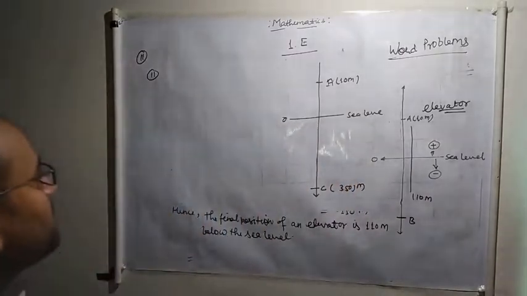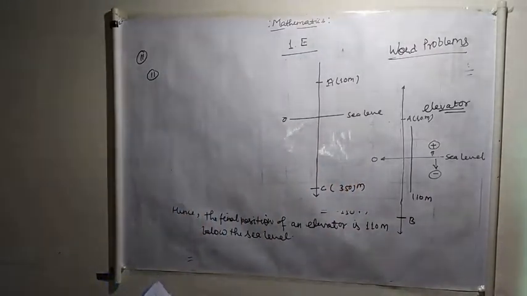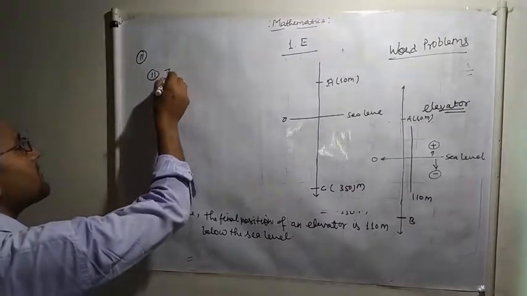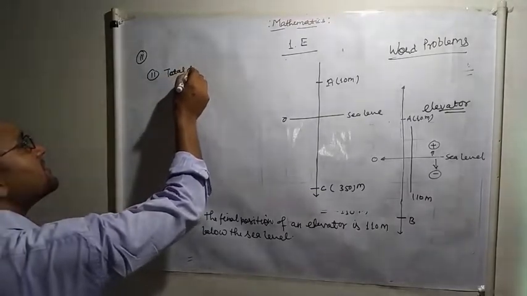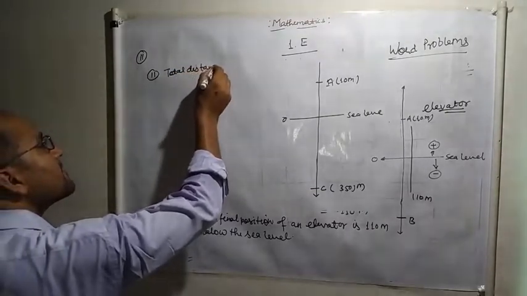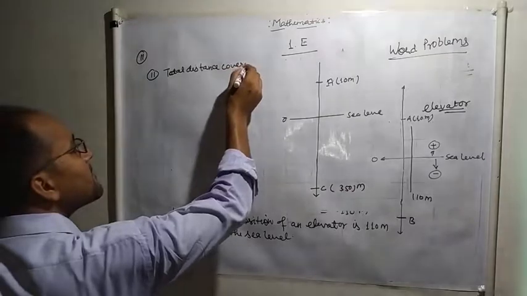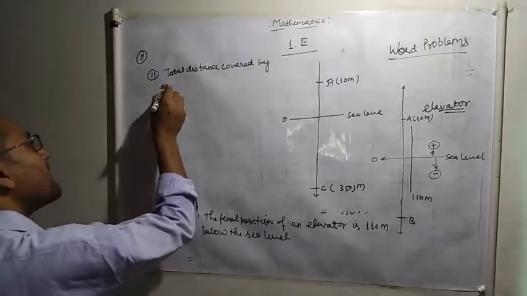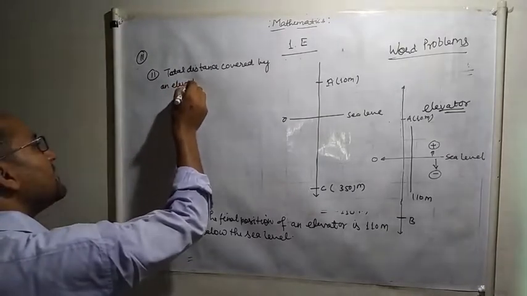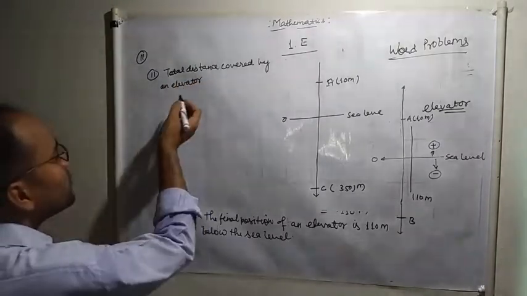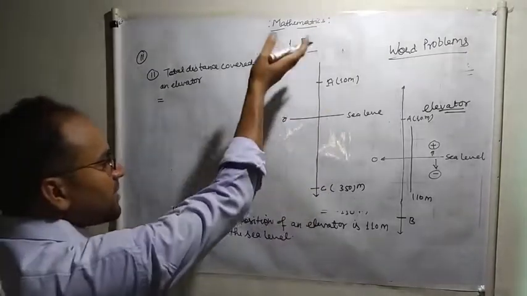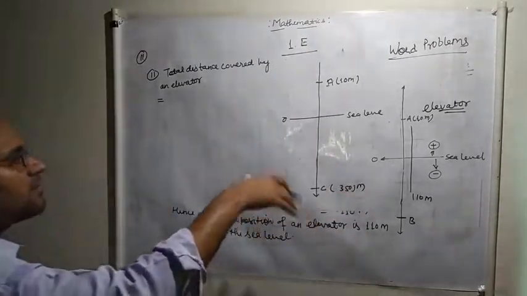So I am going to find the total distance covered by an elevator. The total distance covered by an elevator is equal to 10 meters above and 350 meters downside.